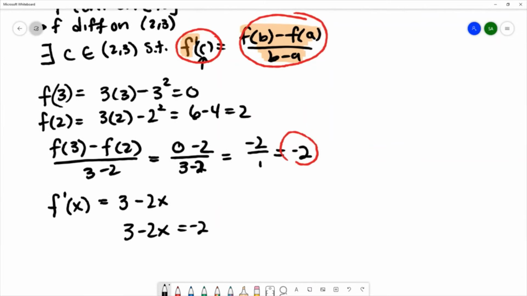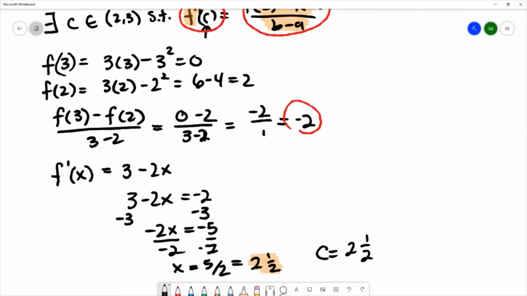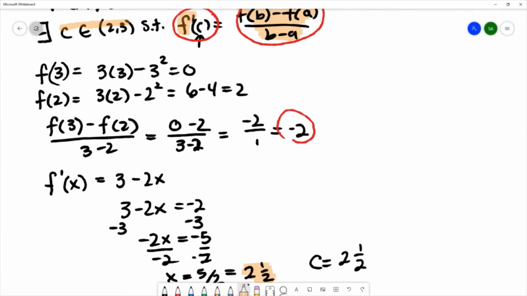We solve this equation, we can subtract 3. That's negative 2x equals negative 5. I'll divide both sides by negative 2, and that works out to be 5 over 2, which is 2.5. And this is our value of c, but before you finalize that decision, you need to remember that the value of c needs to be in the interval from 2 to 3.